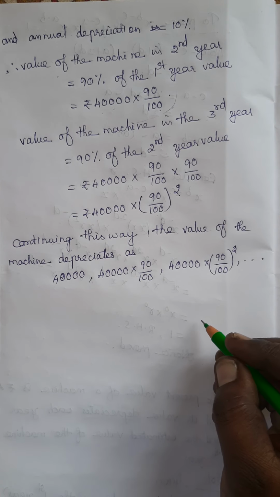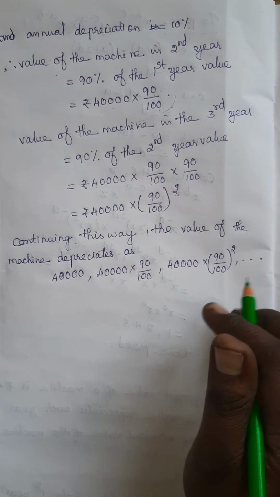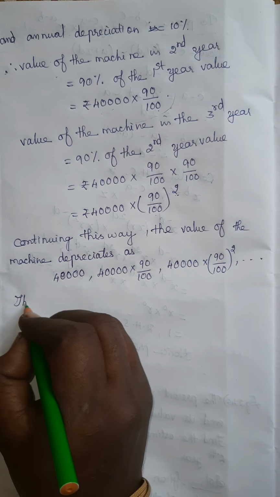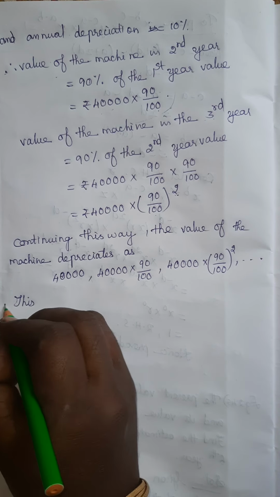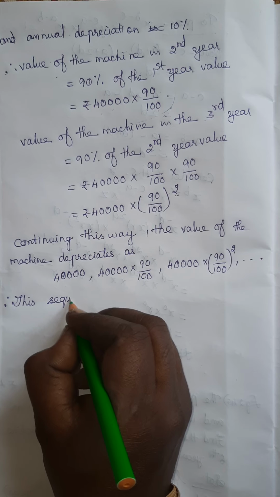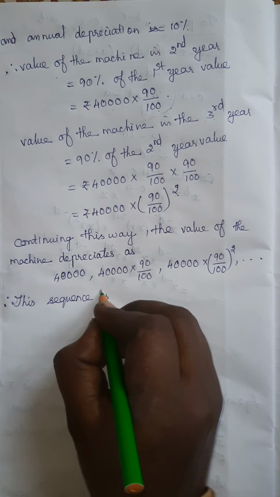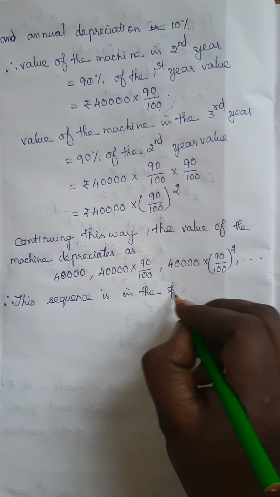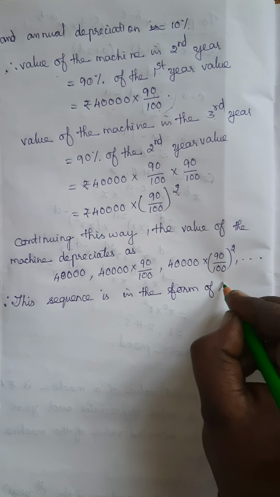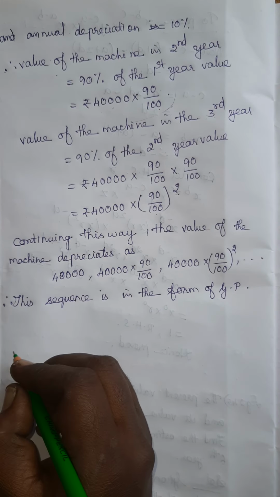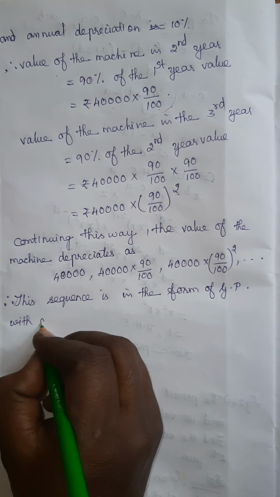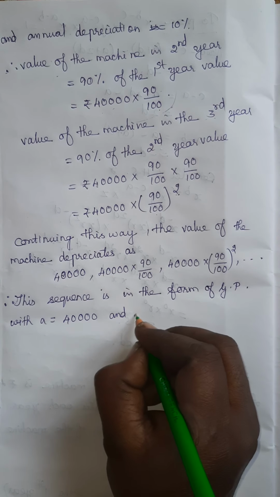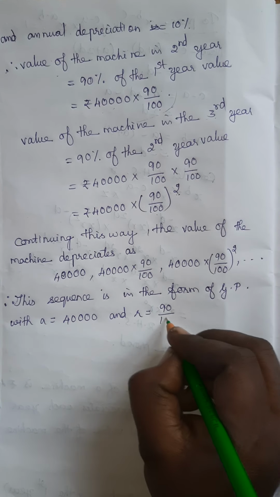Now 3 terms we found. Therefore this sequence is in the form of GP with a equal to 40,000 and r equal to 90 by 100.